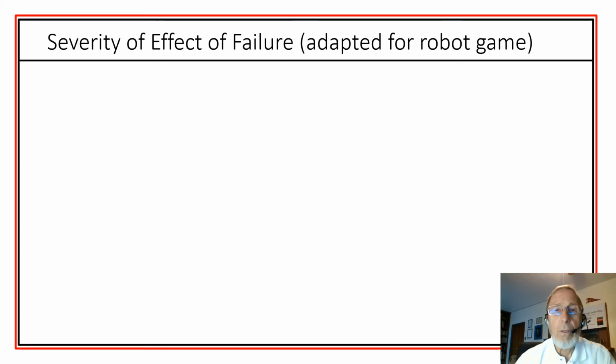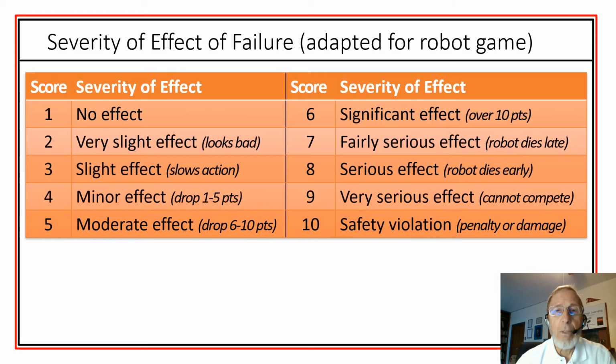So let's look more deeply into these 3 different factors. First, for severity of effect, you're going to need to adapt this for the particular situation you're in. So we are given some generic kinds of definitions which say no effect, very slight effect, and so on, associated with these different scores.